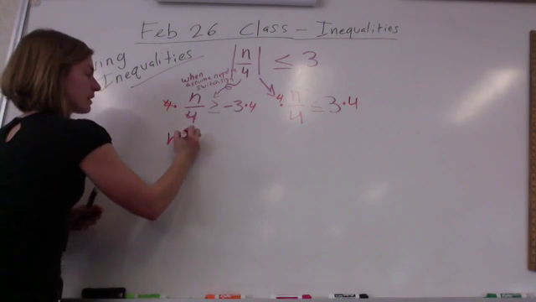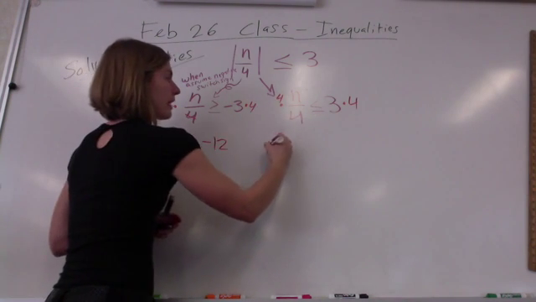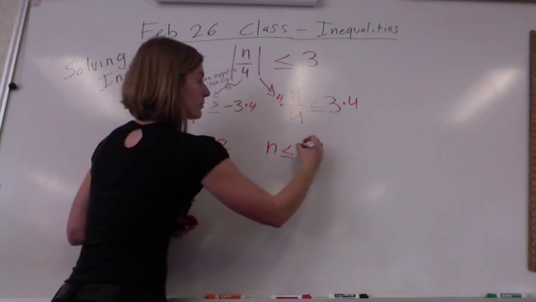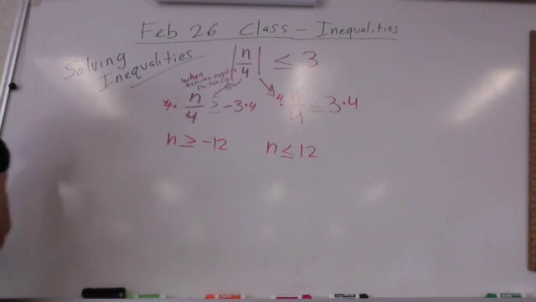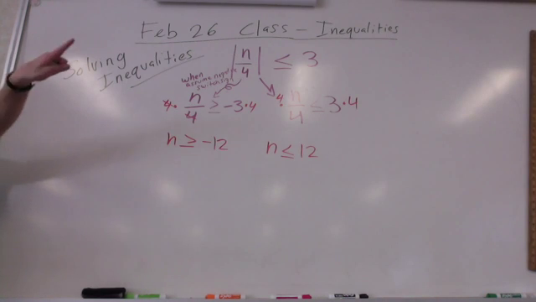So n is still greater than or equal to -12, and over here, n is going to be less than or equal to positive 12. But 4 times 4 would be... No, it's 4 times a 1/4, so that's why they cancel out.